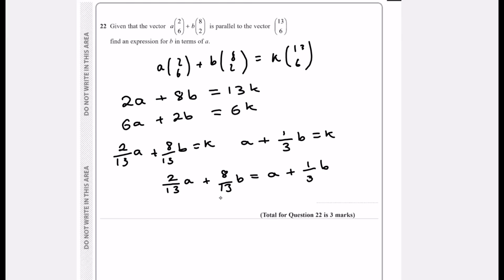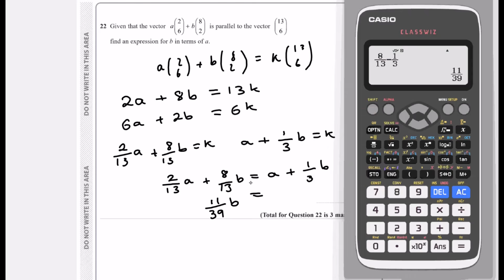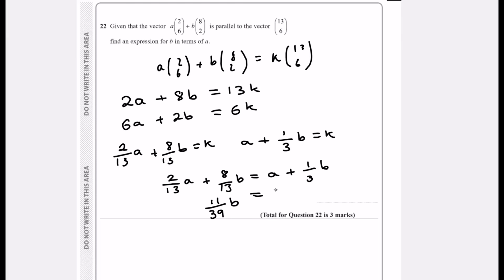So that's 11/39 b. And let's take 2/13 a away from both sides. So 1 minus 2/13 is 11/13, equals 11/13 of a. So I've just taken a third b away from both sides and 2/13 a away from both sides.